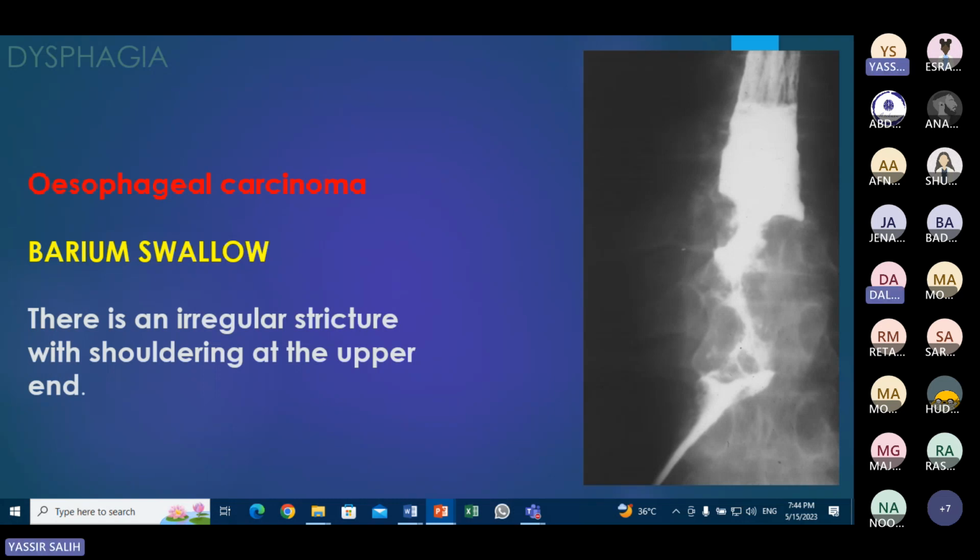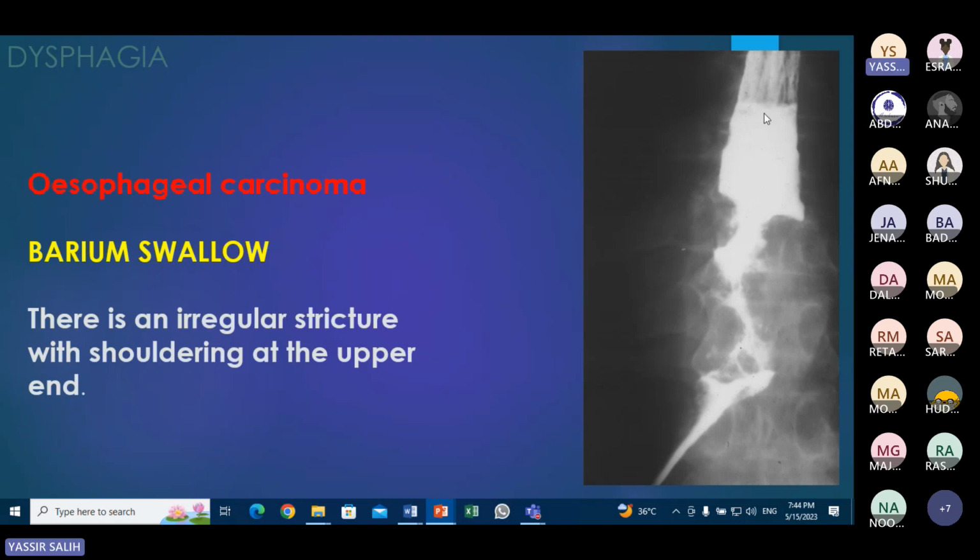What do you see? Irregular. Yes, irregular what? Narrowing. Yes, first we have a structure narrowing with irregular outline.